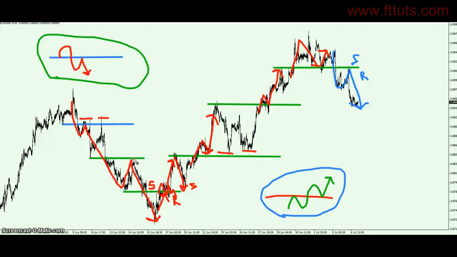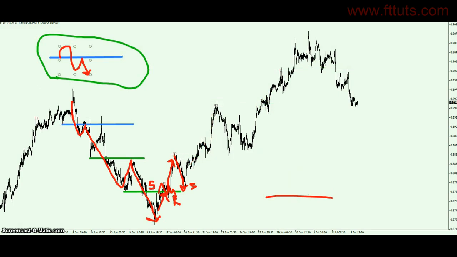Now what I wanted to discuss was how we take advantage of this, and if we were to put it very simply, the principle which I like to follow is that I'm not really a breakout trader. I'm not waiting for a high or low to be breached.